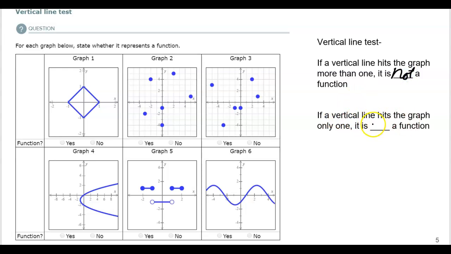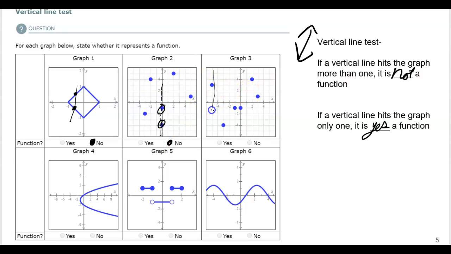If a vertical line hits the graph only once, it is yes, a function. So on all these, remember, vertical lines go up and down. If I draw a vertical line here, it hits here and here, so this is not a function. If I draw a vertical line here, it hits it twice, so it's also not a function.